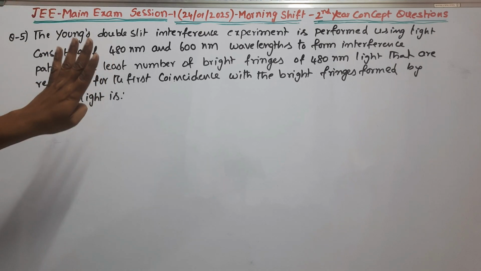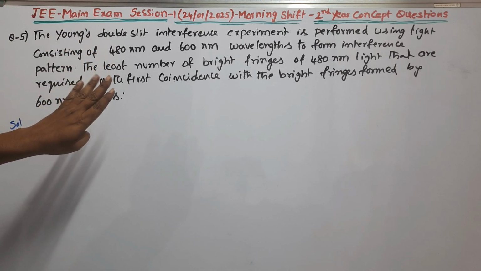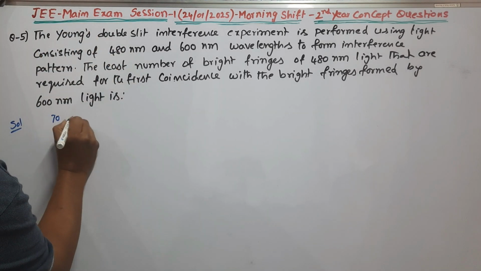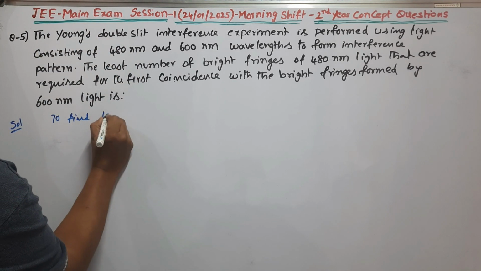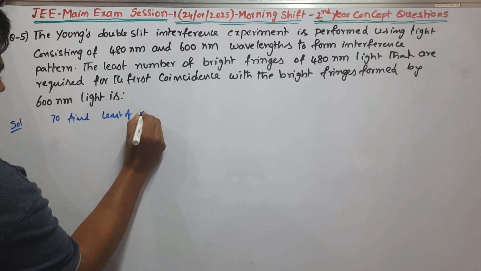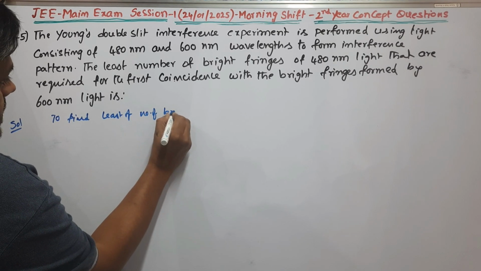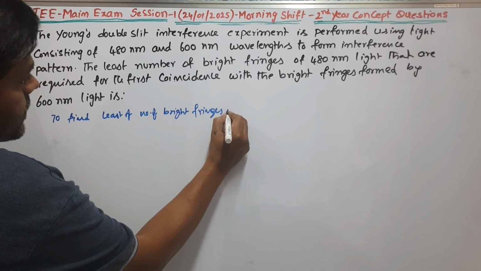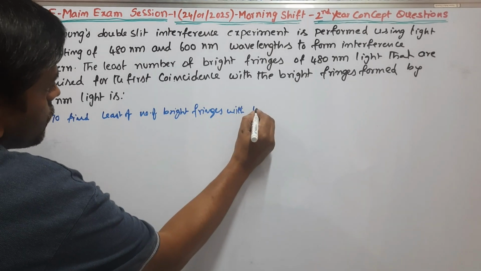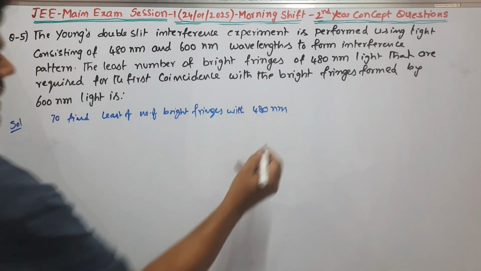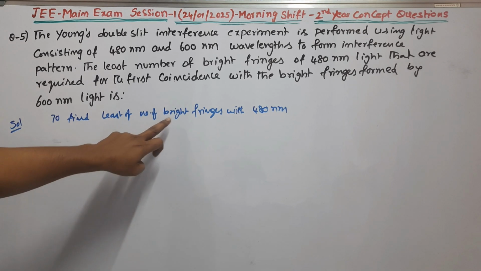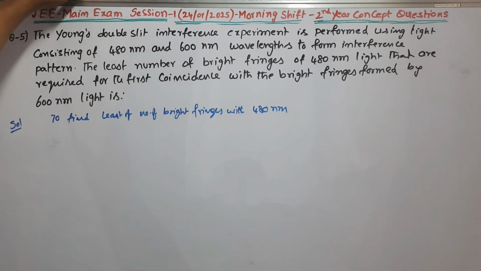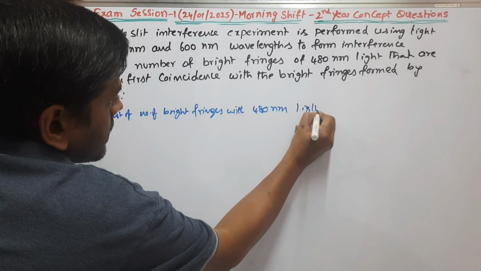To find the least number of bright fringes with 480 nanometer light, what is that?